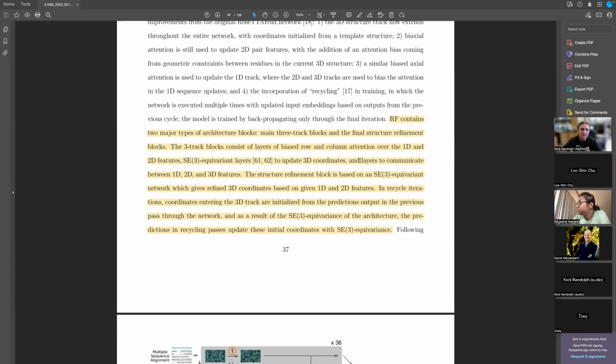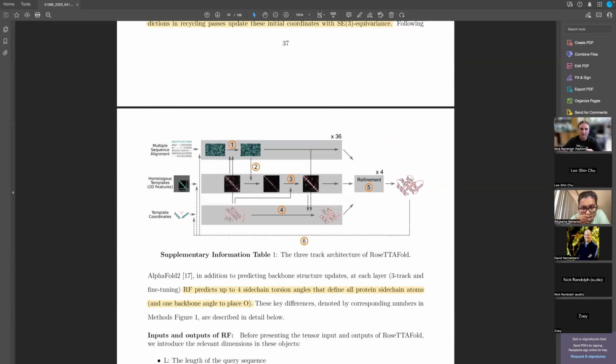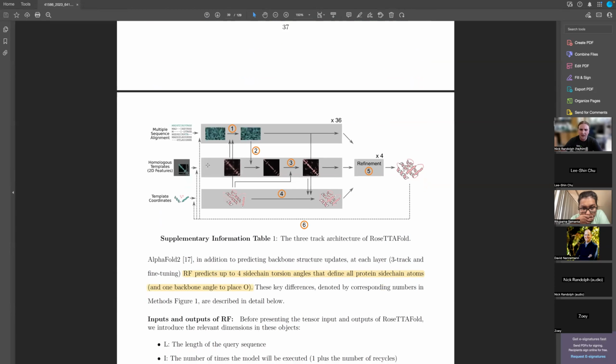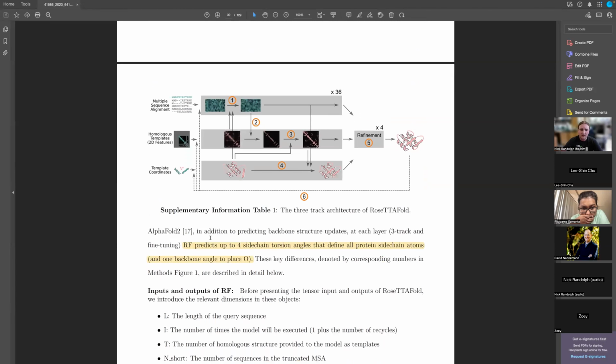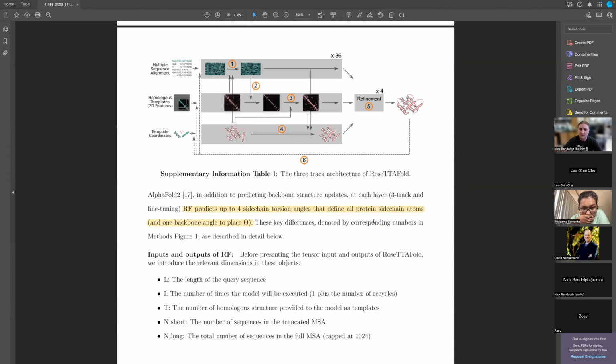It's based on attention, SE3 equivariant layers, and it updates the coordinates. We talked about this here. In addition to updating the coordinates, it also predicts some torsion angles that define where the side chain is, as well as where to place the oxygen off of that backbone. So this will actually give you all the heavy atoms of the final protein.